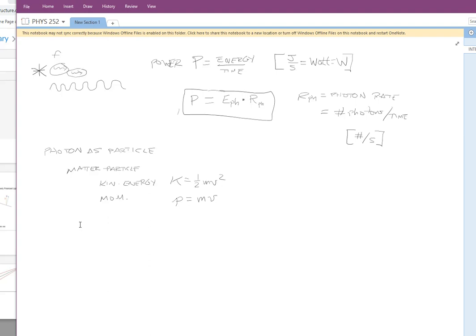In fact, that's the basis for light sailing. You may have read about NASA actually looking at using huge thin metal sails and using light to sail through space. Sometimes that's referred to as radiation pressure. That's really just the change in momentum that comes about when energy is exchanged.